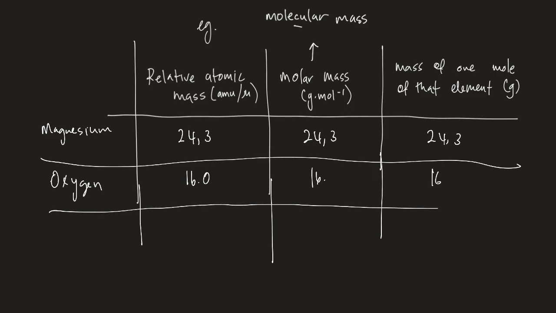If I looked at a transition metal like iron, I'd find that the relative atomic mass is 56 amu. Its molar mass is 56 grams per mole, and the mass of 1 mole of iron is 56 grams. So that is how we look at relative atomic mass and how it relates to molar mass, and to the idea of the mole.